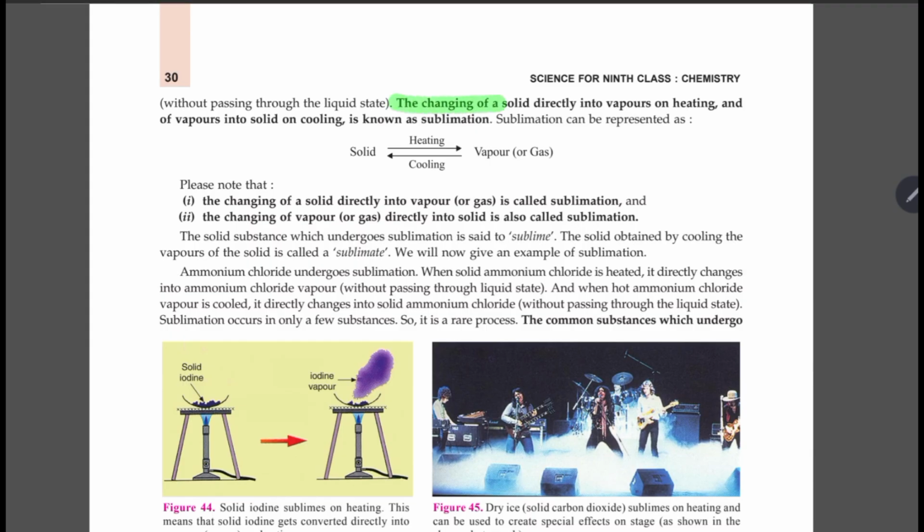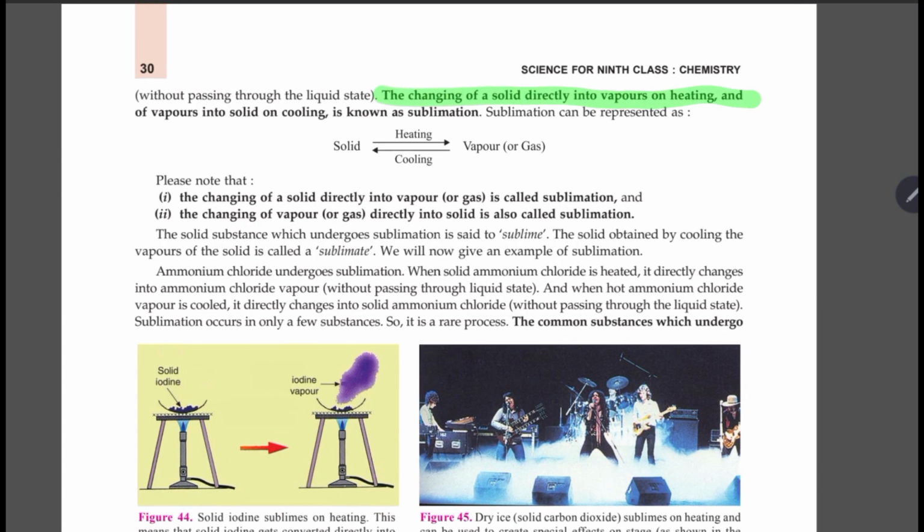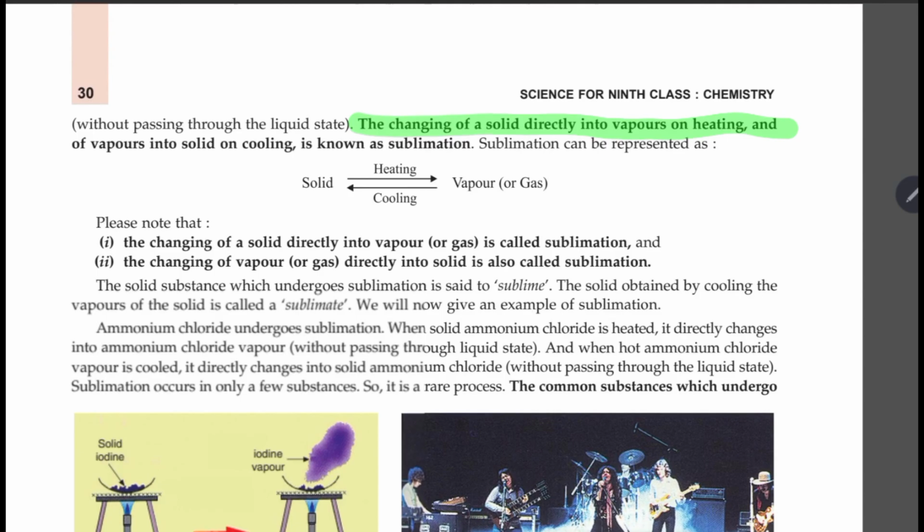So the changing of the solid directly to the vapor on heating and of vapor into solid on cooling is known as sublimation. This process goes on happening directly, and the substance is known as a sublimable substance, and the solid substance which undergoes sublimation is also called sublime.